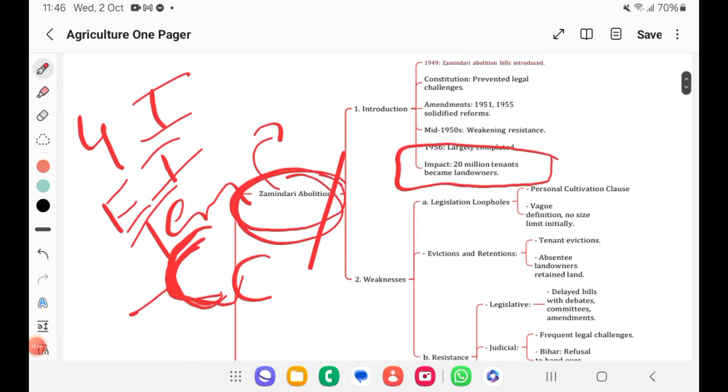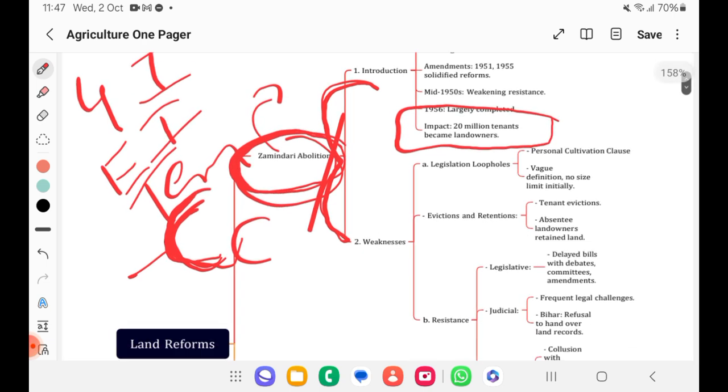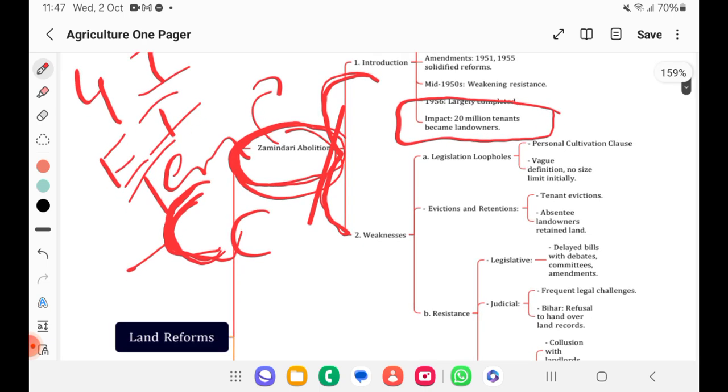Under that, zamindari abolition, we should know the positive outcomes as well as negative and the challenges. Okay. So it was introduced in 1949 and 20 million tenants became landowners. But there were weaknesses also. There were legislative loopholes. They mentioned a class like personal cultivation class. It was not defined.